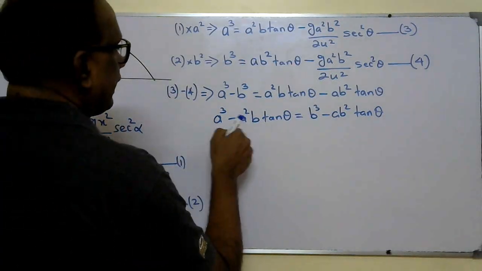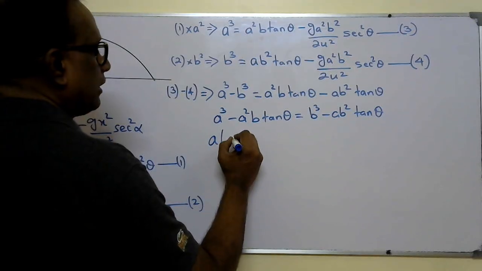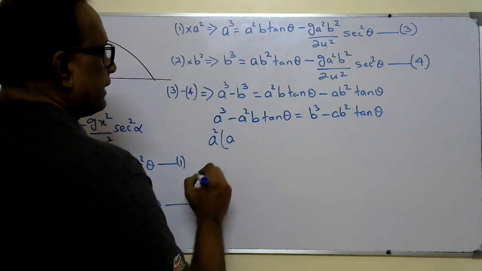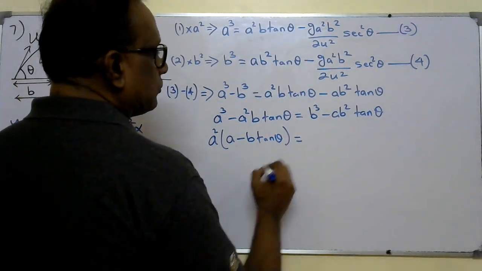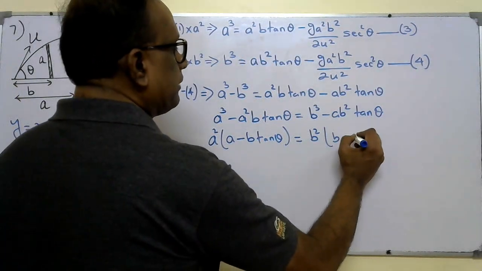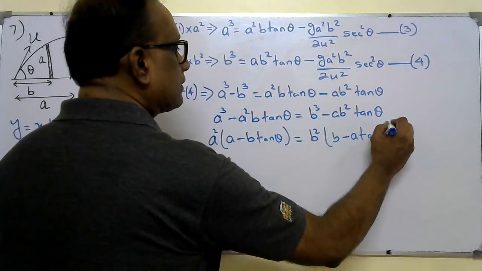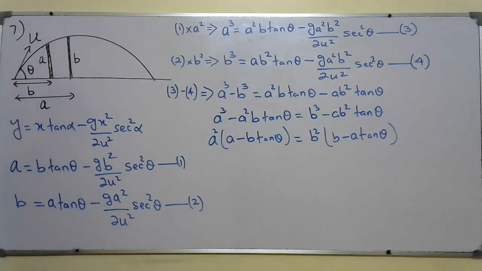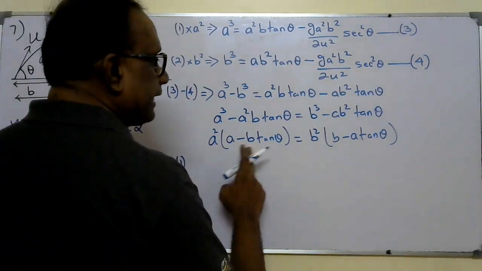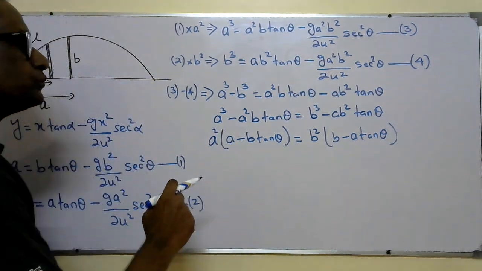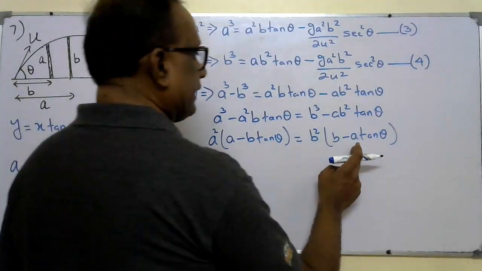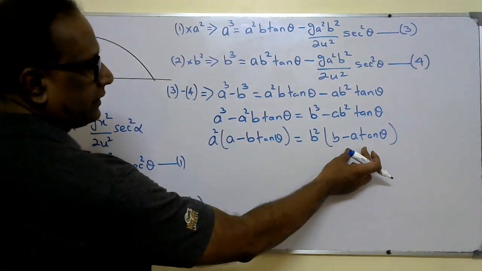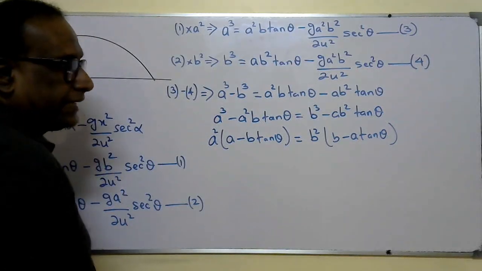So here take a squared, a minus b tan theta equal to, here take b squared, b minus a tan theta. It's coming the other way, doesn't matter, we'll multiply by a negative sign, it won't be a problem.